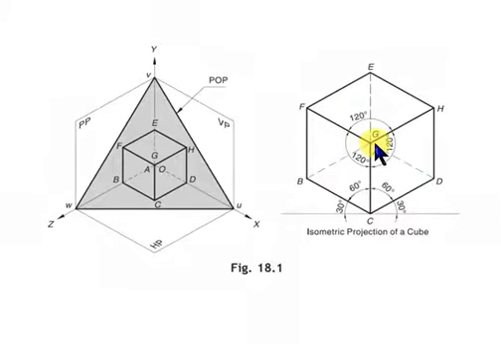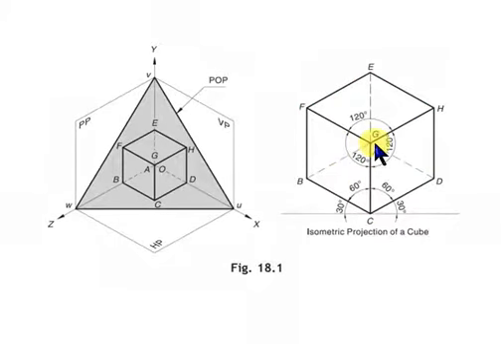And apart from this, we have one more important concept called the isometric scale. This is very, very important. What is the isometric scale? In our earlier chapters we used a word called scale, like 1:1, 1:2, 2:1, 3:4. We call them a scale.